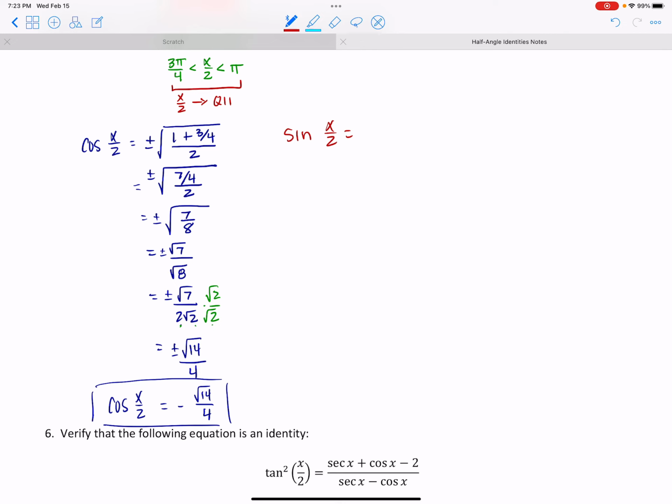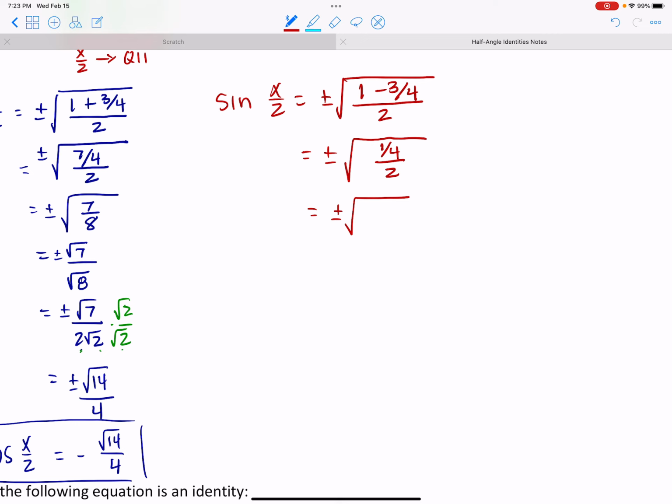So plus or minus the square root of 1 minus 3/4. Remember that the cosine of our angle is given to us. That gets divided by 2. So plus or minus the square root of 4/4 minus 3/4, which is 1/4. That 1/4 still has to be divided by 2, which means it has to be multiplied by a half.